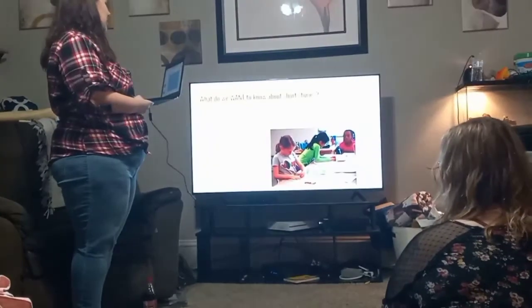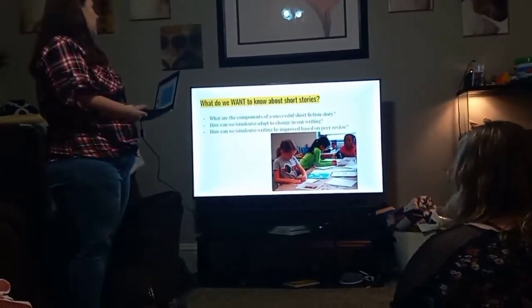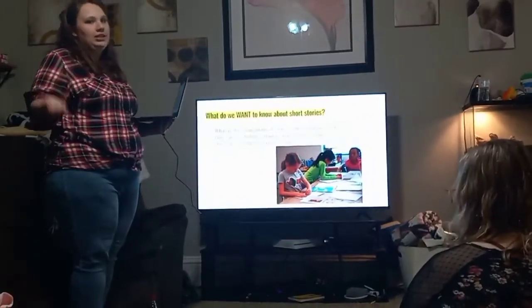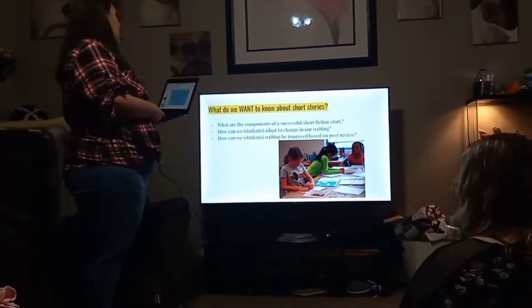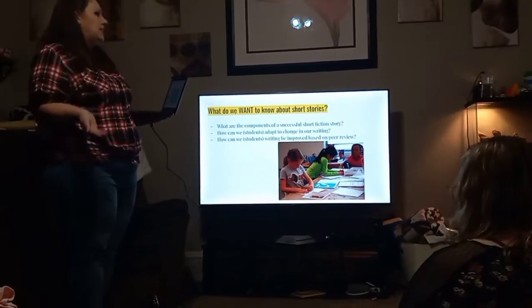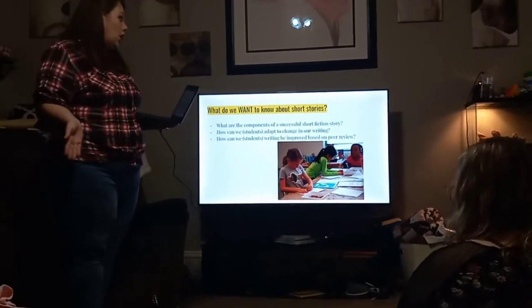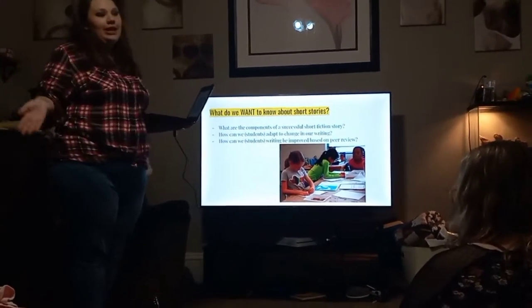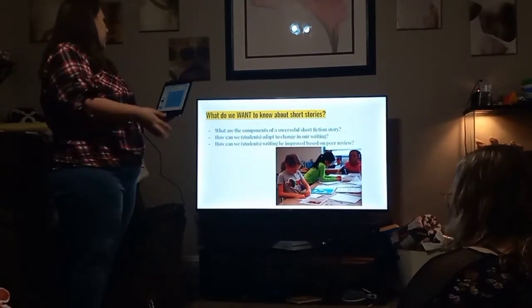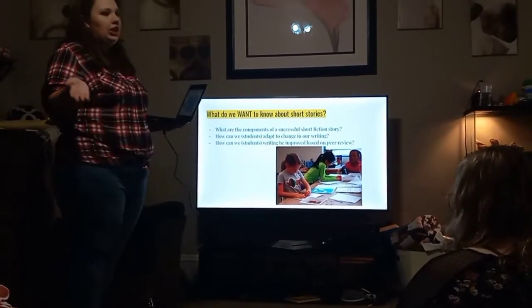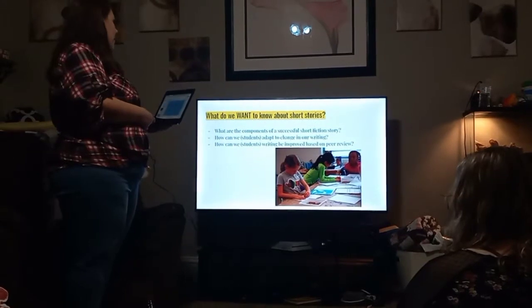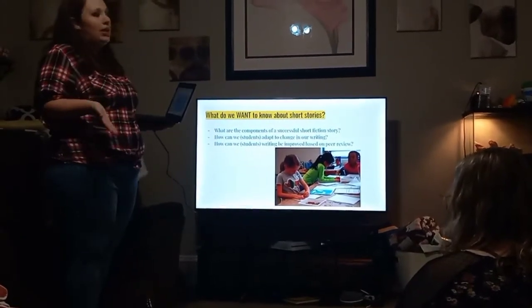What do we want to know about short stories? So these are questions that we should be able to answer at the end. These are things that you should be able to do. So you should know what the components of a successful short fiction story are. Fiction is fake, not real. How can the students adapt to change in your writing? And then how can students' writing be improved based on peer review?